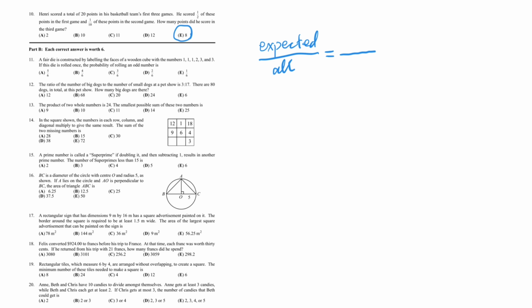Among the 6 numbers, the odd numbers are 1, 1, 1, 3, 3. Total 5 numbers are odd, and the total number is 6. The probability of rolling an odd number is 5 over 6. Therefore, the answer is A.